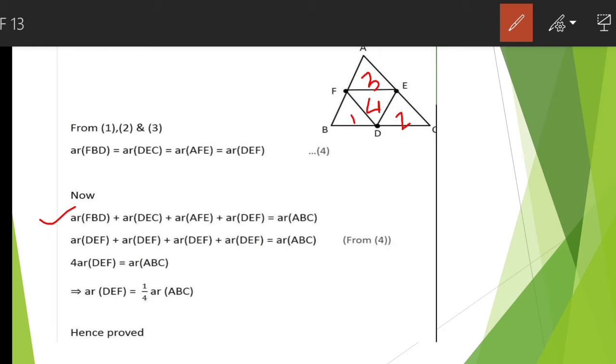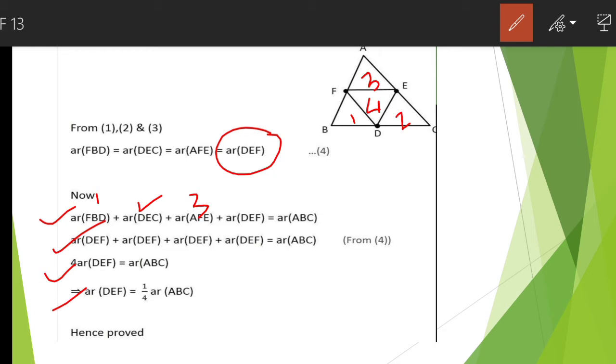Now in place of 1, 2 and 3 we replace everything by DEF. So from equation 4, 4 times area DEF is equal to area ABC. So area DEF is equal to 1/4 of area ABC.